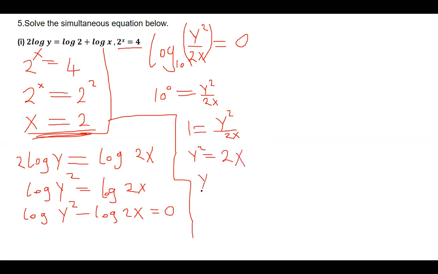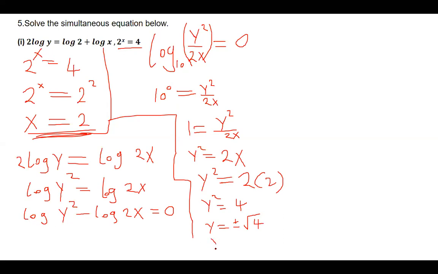Then your y squared is equal to, the value of x we found is 2. We said x is equal to 2, so where there's x, we put 2. So we're going to have y squared being equal to 4. So the value of y is nothing but plus or minus the root of 4.